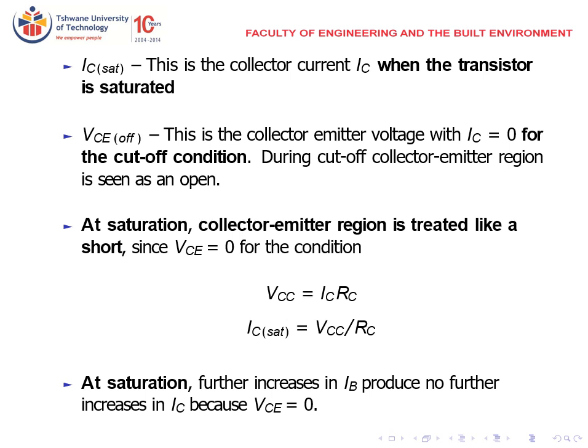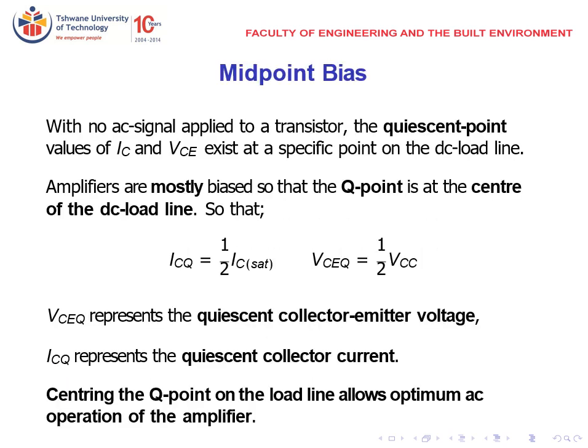At saturation, the collector emitter region is treated like a short circuit since VCE is equal to 0. Therefore, VCC will be equal to ICRC, and IC saturation will be equal to VCC divided by RC. At saturation, further increases in IB produce no further increases in IC because VCE is equal to 0.